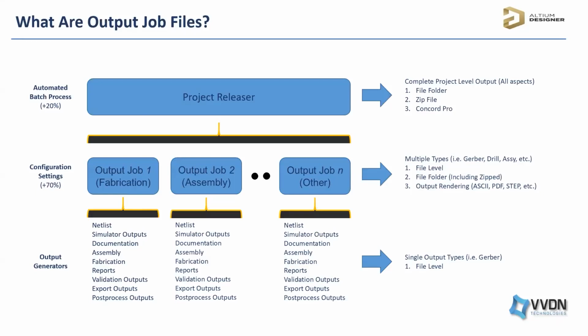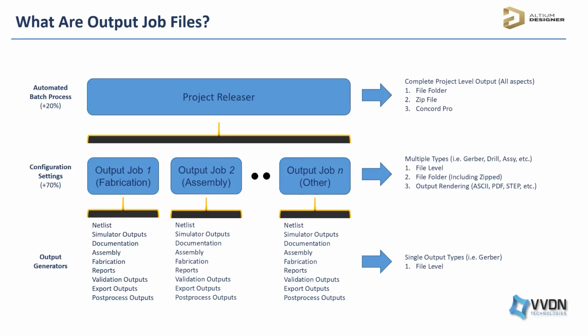Multiple output files we can generate for our fabrication and assembly purposes, like Gerber file generation and drill. And we can customize our file names also. Even for output generation we can generate ASCII files, PDF files, zip files, STEP files, everything.